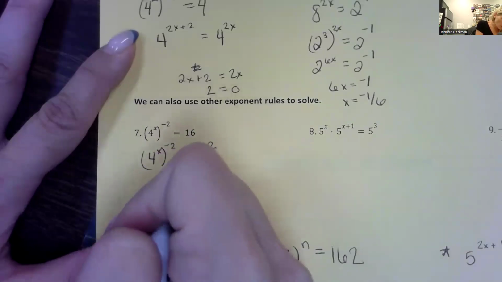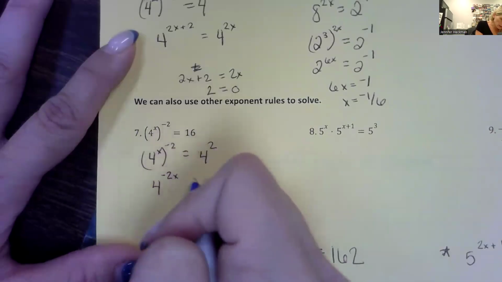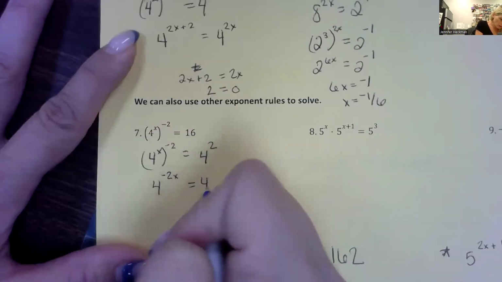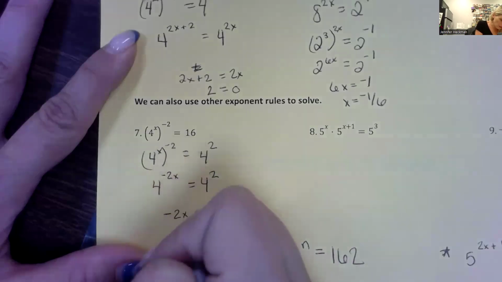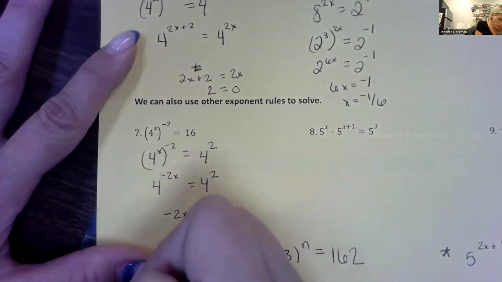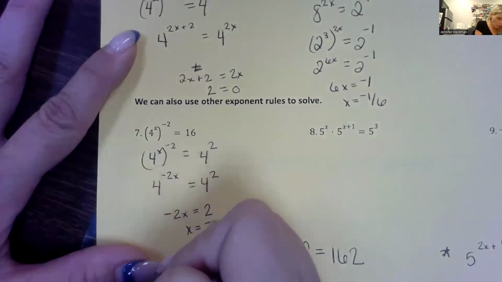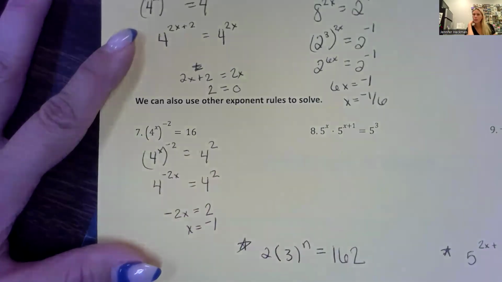So this is 4 to the negative 2x equals 4 to the 2, which means focus on the exponents. So we get x equals negative 1. Okay, again, plug in if you need to, double check your answers.